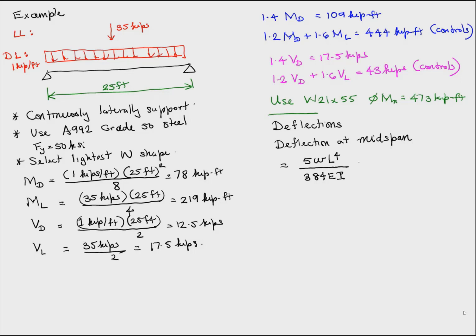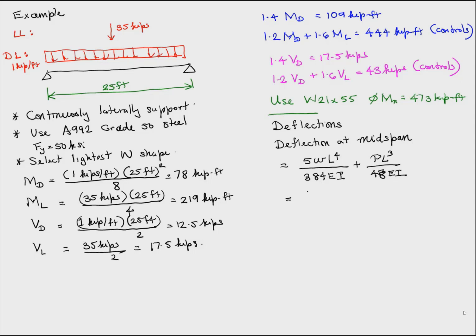These are things you can look up in any structural analysis reference. Plus, we have the 35 kip live load, which is a concentrated load, PL cubed over 48 EI. And we are using the unfactored loads because we use unfactored loads for deflection.